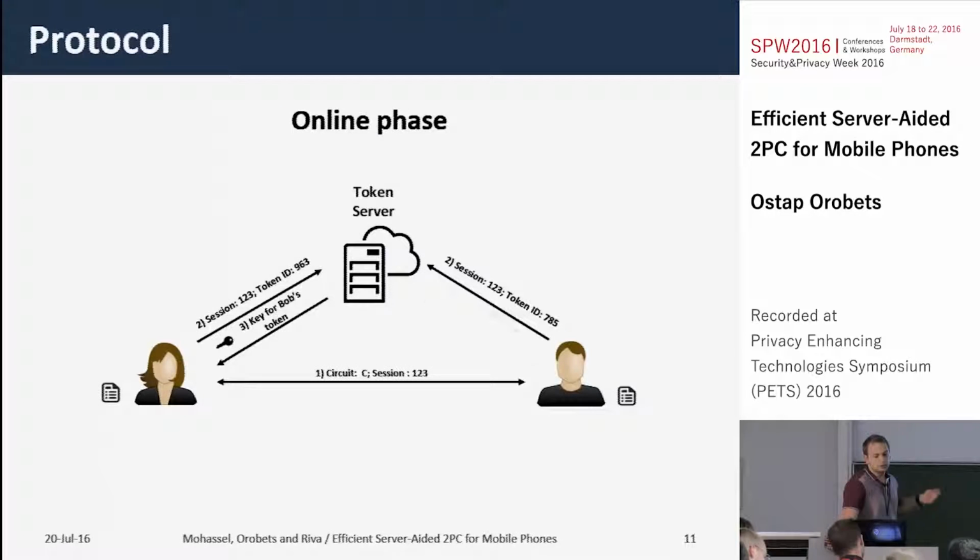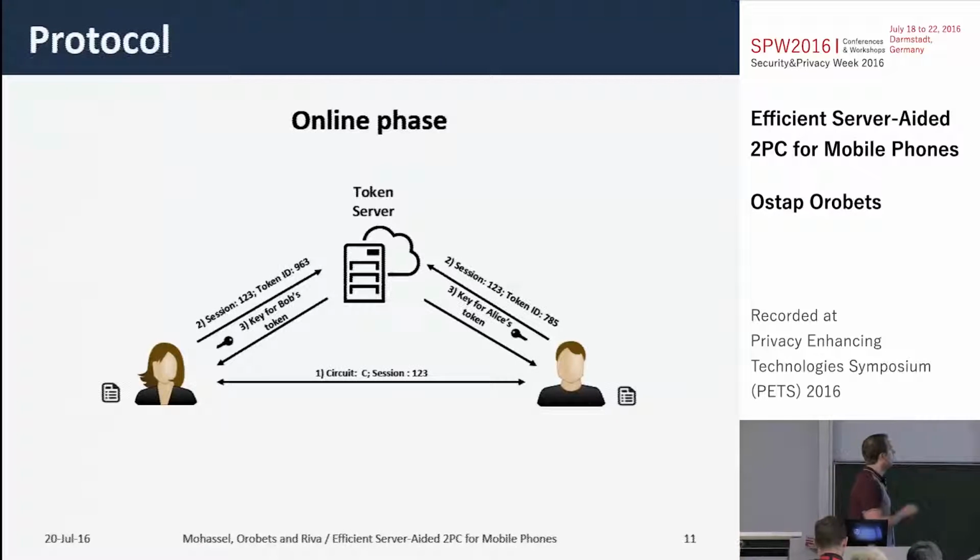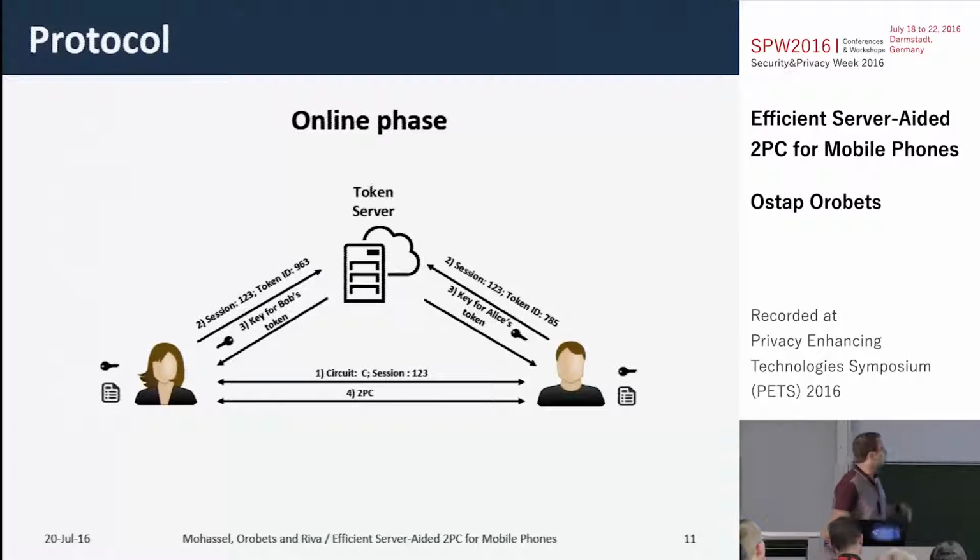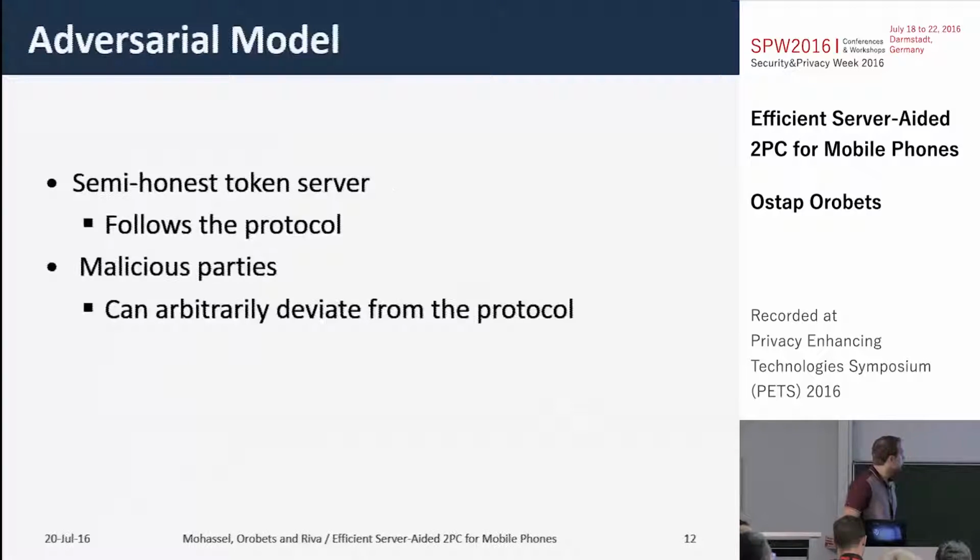The server sends Alice keys from Bob's token file, and sends Bob keys from Alice's token file. Having that, the server goes away, and the two parties perform the computation on their own. At this stage, the server is not needed anymore.